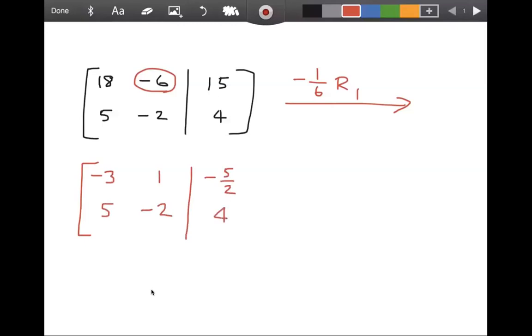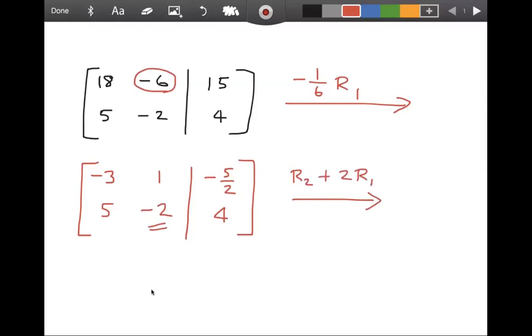All right, but to complete the pivot, we now need to make this -2 a 0. So we do that using elementary row operation number 3. We are going to change row 2 by adding to it 2 times row 1.